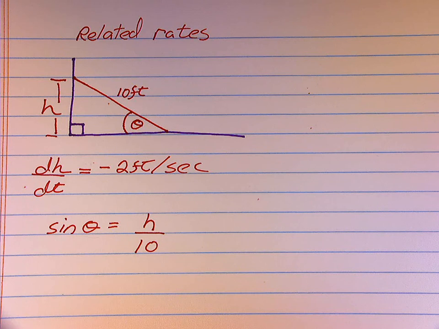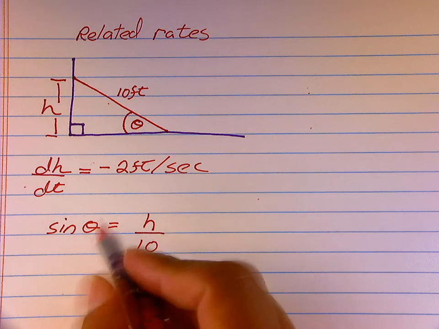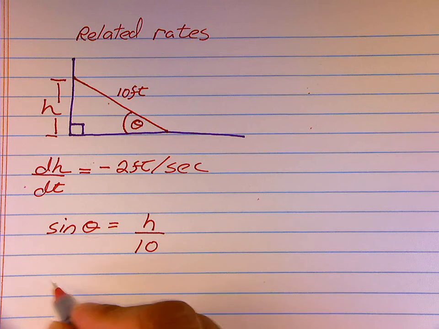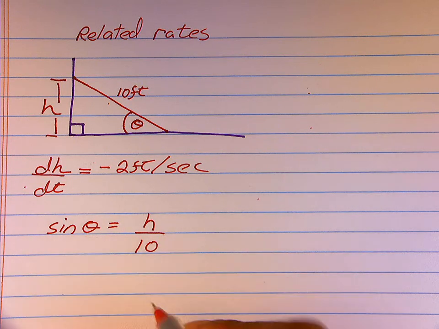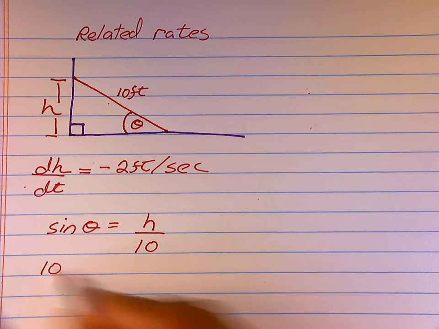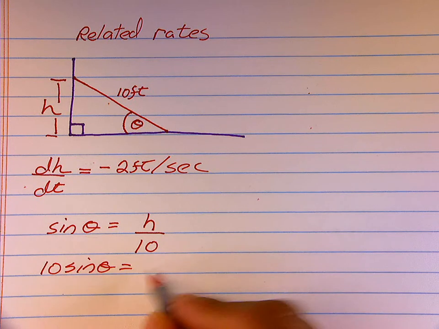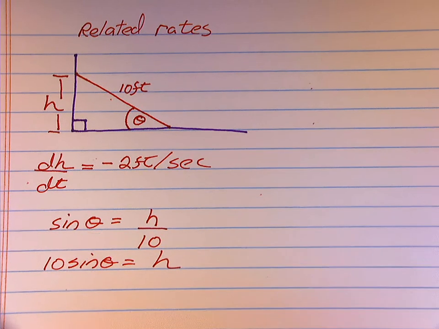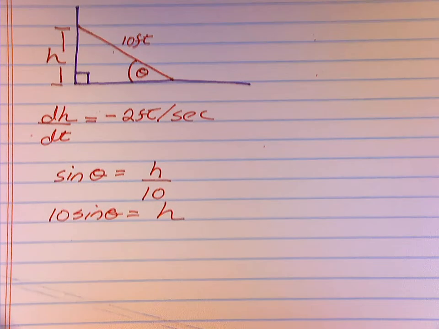So, if I want to take this derivative with respect to time, I'm going to go ahead and move the 10 over. And I'm going to take this derivative.